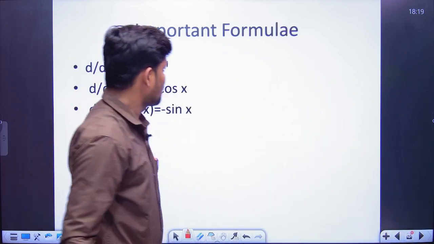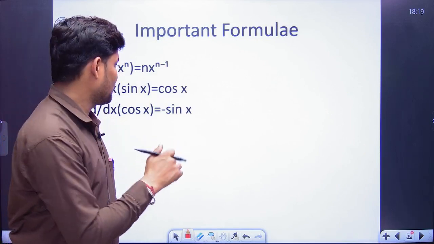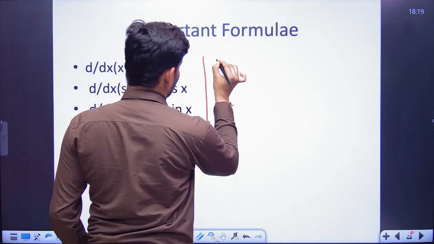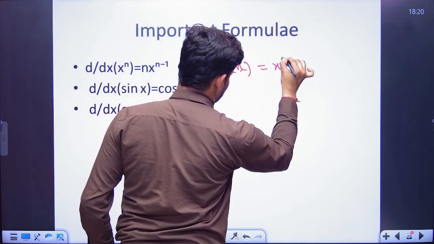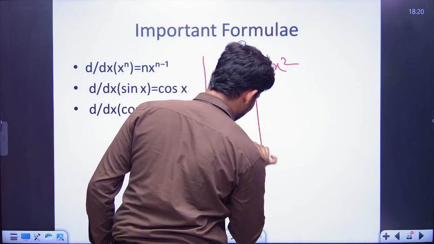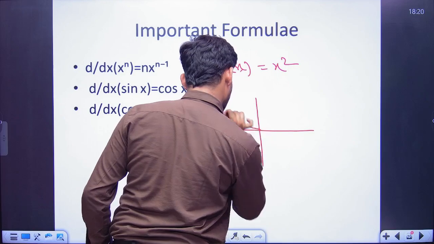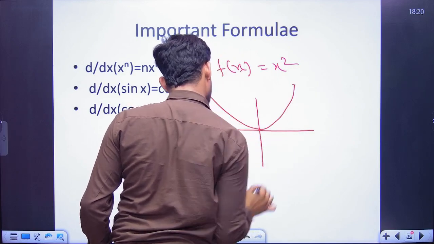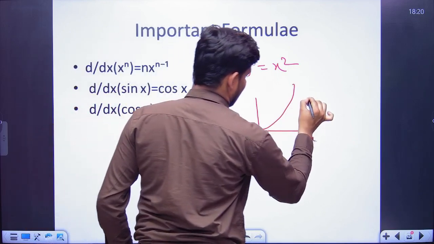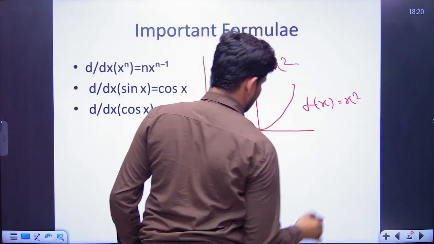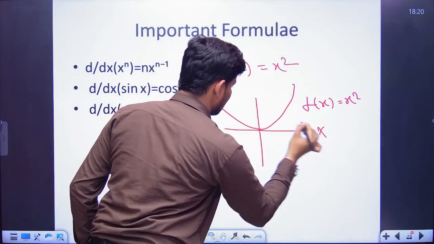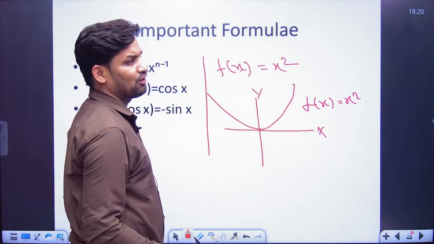Next, another example we have is f(x) equal to x square. The graph we have drawn of x square is this. It is a similar kind of parabola.